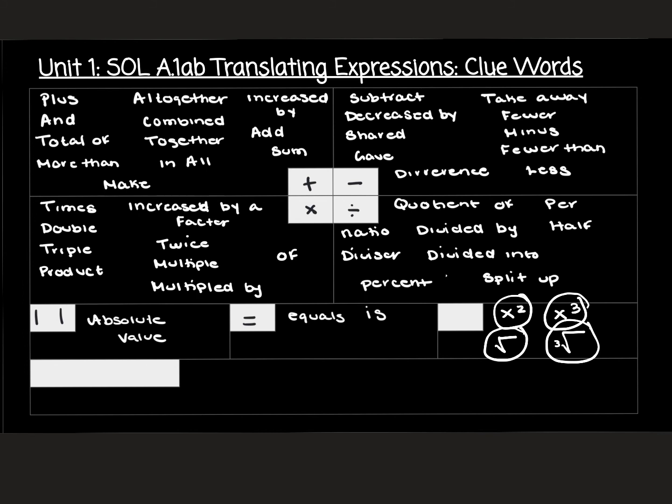The last key piece we're going to look at are what's called our turnaround words. All right, so with our turnaround words, that just basically means when we are translating it, we're going to have to flip it around. Versus if we were to say the difference of 7 and x, you have 7 minus x.